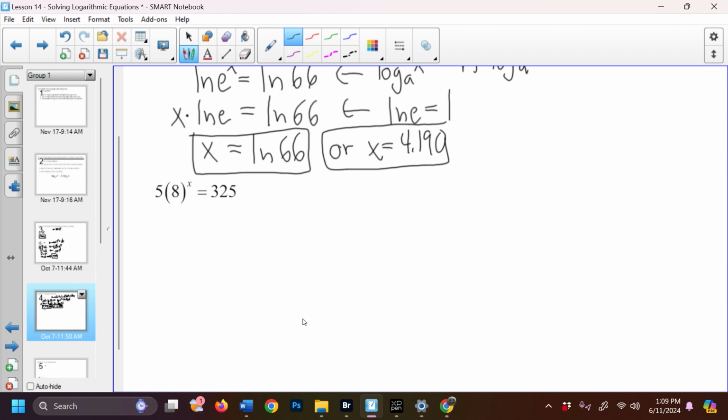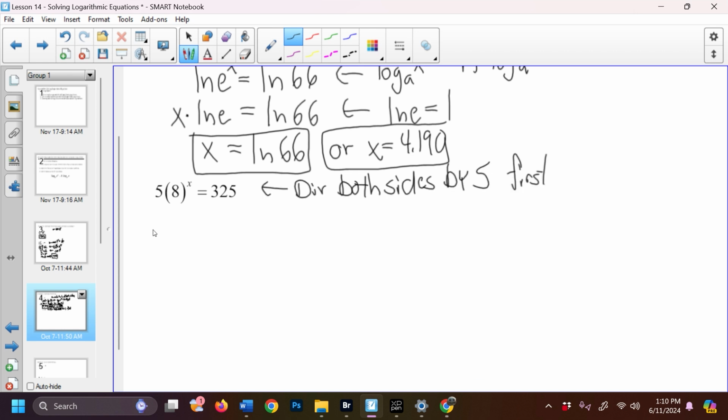Okay, so I said in the beginning that you definitely want to follow your order of operations. So before I can bring this exponent down using that property of logarithm, I have to move the 5 that is multiplied to the exponential first. So using my order of operations, I am going to divide both sides by 5 first.